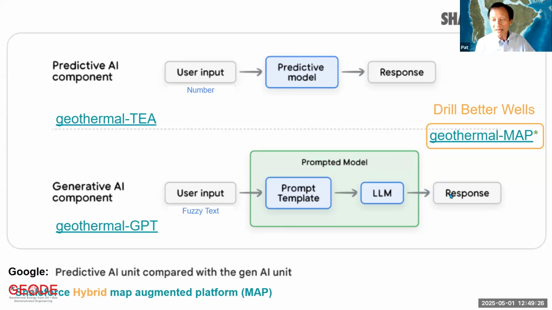Now, combine the two, moving forward to a map augmented platform, the single focus is to drive towards the ability to define, de-risk and drill better wells so that we increase the probability of commercial success. I call it hybrid because it really combines this: in a particular area, do that and come back with a technical economic assessment.